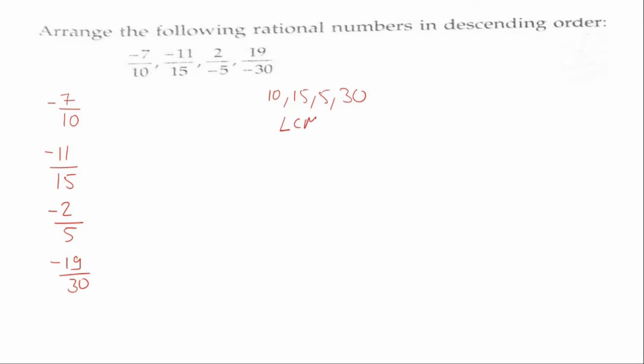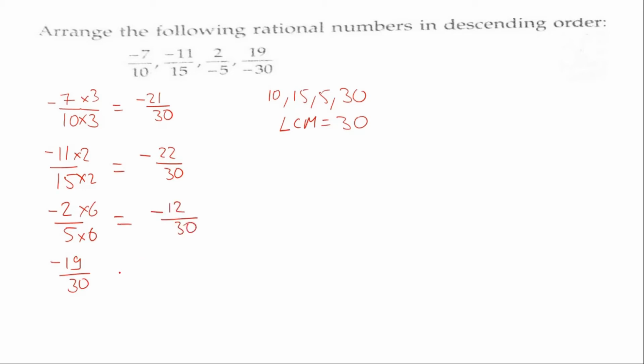So the LCM of these numbers will be 30. So we will make the denominators the same. So it will be minus 21 by 30. It will be minus 22 by 30. It will be minus 12 by 30, and the last one will be the same.